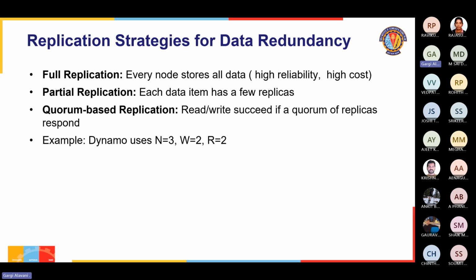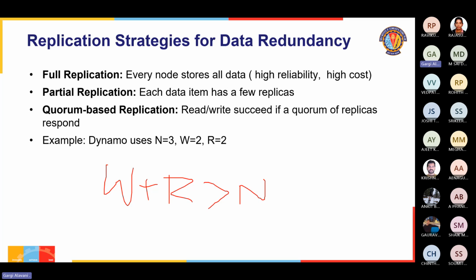A condition could be that W plus R is greater than N. So if you have three replicas, and you have two write replicas and two read replicas, where W and R are the minimum write and minimum read replicas.